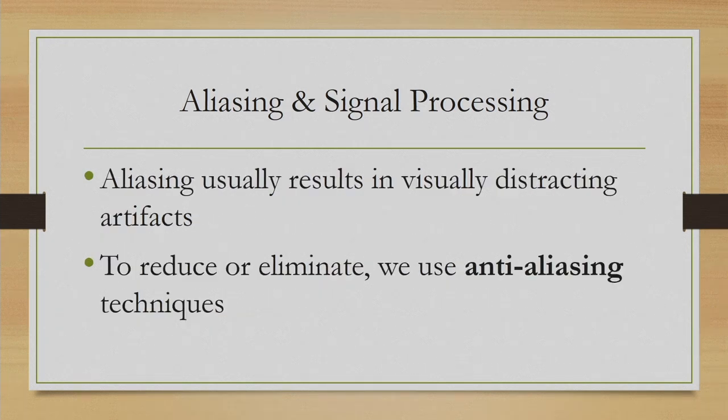Since we are reconstructing, there will be some change from the original. Usually, it results in visually distracting images or artifacts, and to reduce or eliminate this effect, we use anti-aliasing techniques. Techniques that reduce aliasing effects are called anti-aliasing techniques.